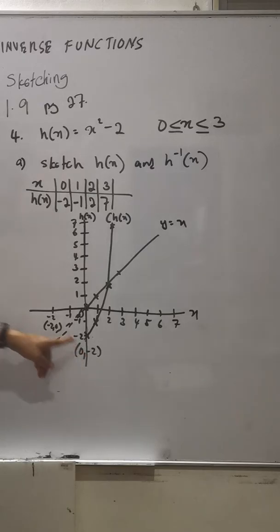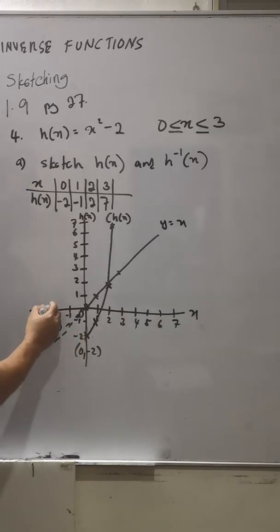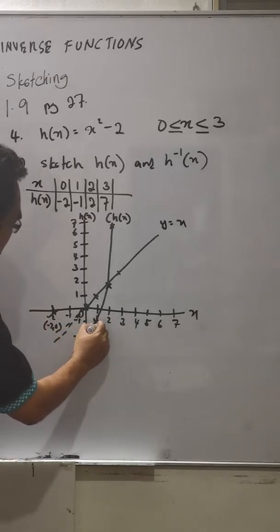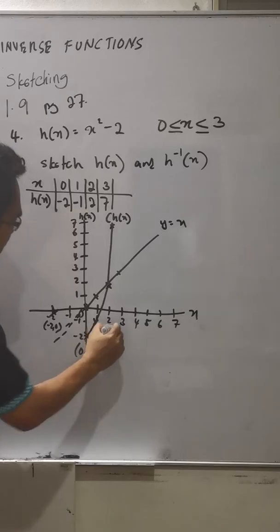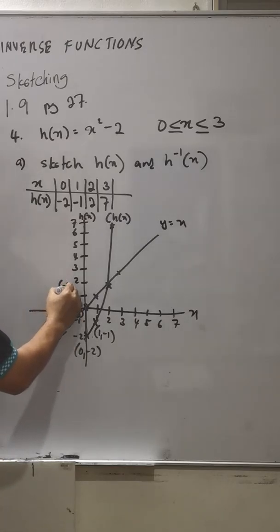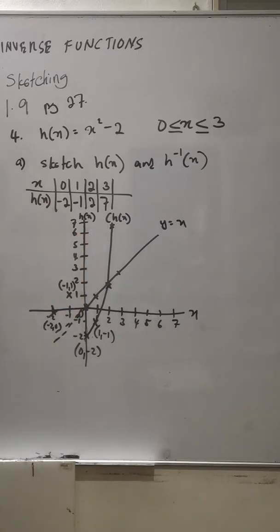So this coordinate, the image for this will be around here. And then the coordinate here will be (1, -1), so the image will be (-1, 1) here. This is (-1, 1). And then you have coordinate (2, 2).